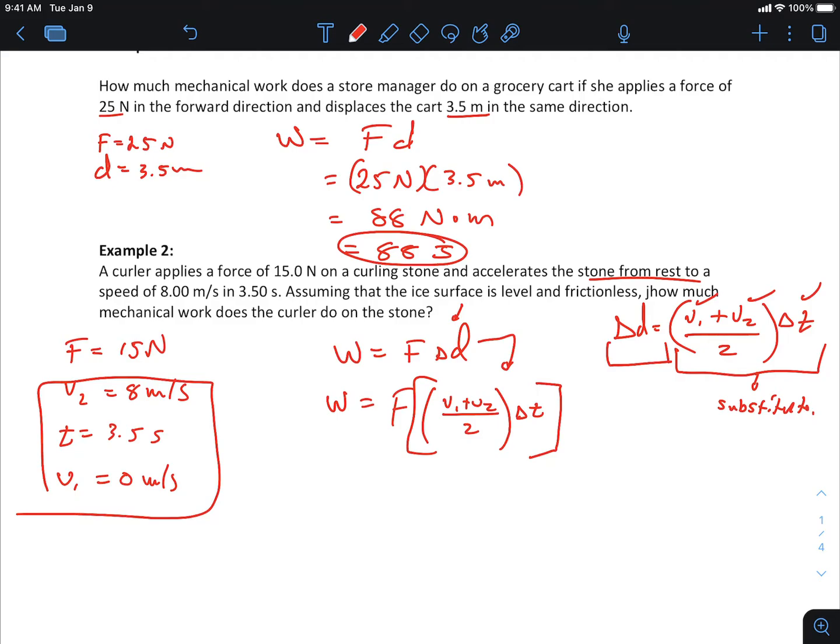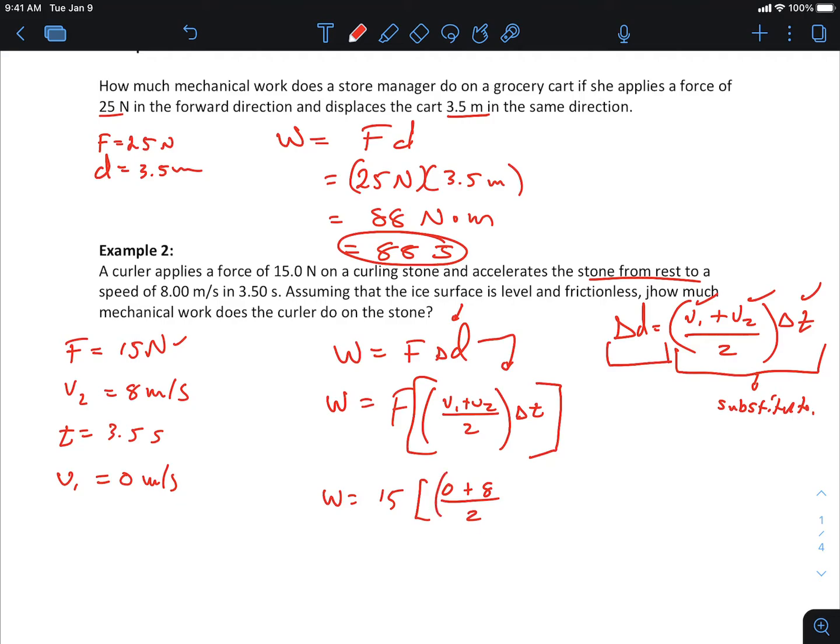So now we can just plug in our information, right? And find what the work value is. Well, we know that the force from our list of knowns was 15 newtons. So 15, right? And what goes on the inside? Well, V1 was 0 plus 8 for V2 divided by 2.